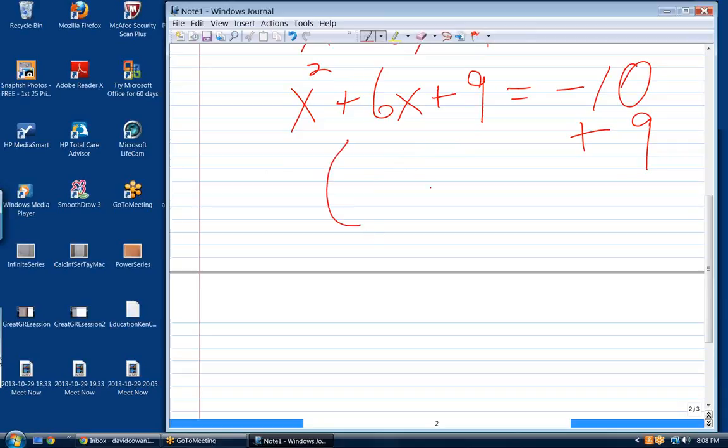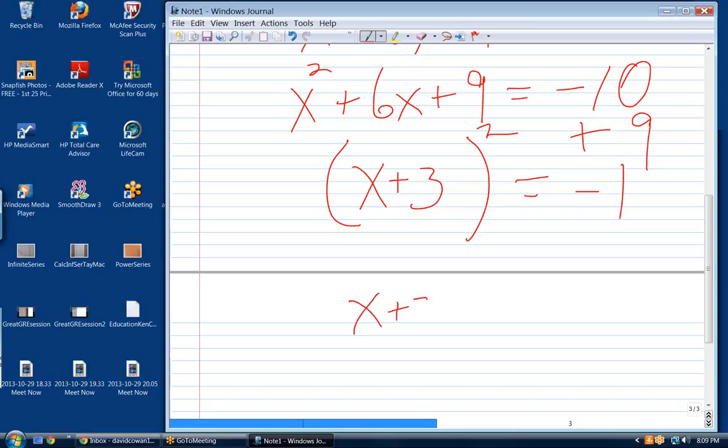Now, because I completed the square, I'm able to represent this quadratic on the left in the following manner. What's the right side equal to? -1. So now I have x plus 3 quantity squared.